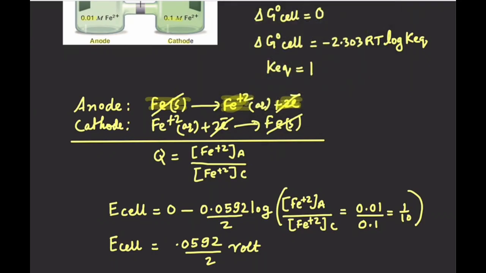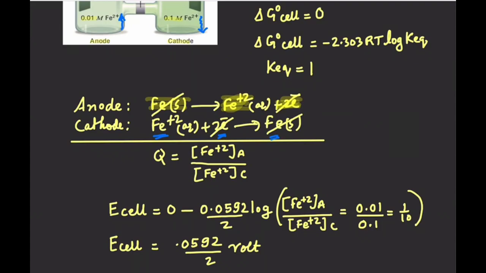So the concentration of iron plus 2 ion will increase, and the concentration of iron plus 2 in the cathodic compartment is going to decrease with time, because there is consumption of iron plus 2 in the cathodic reaction. So we can say that in this concentration cell, the compartment where the metal ion concentration is less is increasing, and the compartment where the metal ion concentration is more is decreasing.